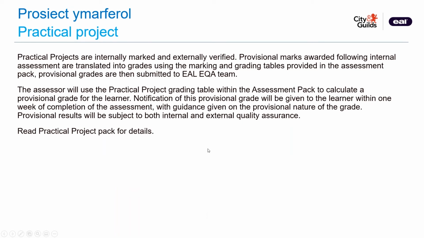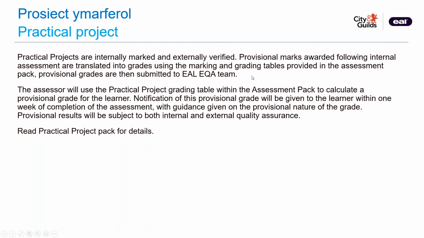So the practical projects are internally marked and externally verified. Provisional marks are awarded. Assessments are translated into grades using the marking and grading tables provided in the assessment pack. Provisional grades are then submitted to the EQA team, who will then sample and verify the grades awarded.